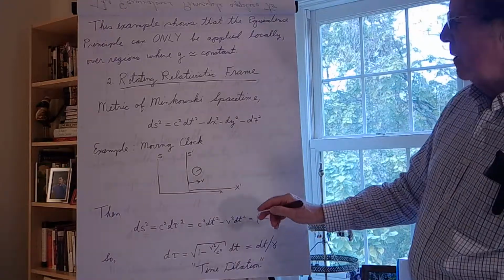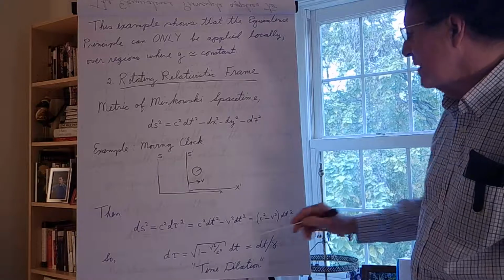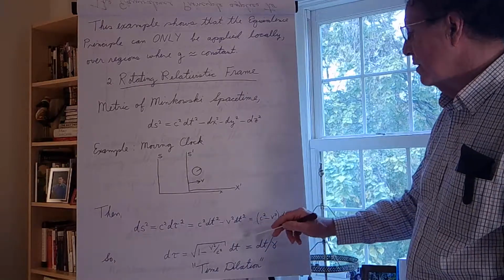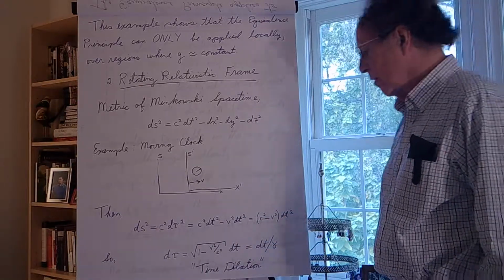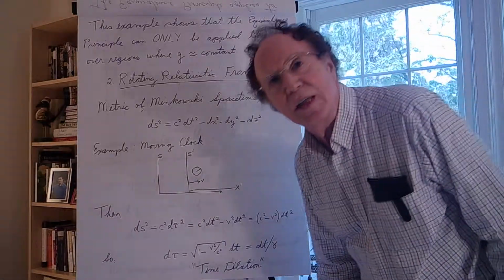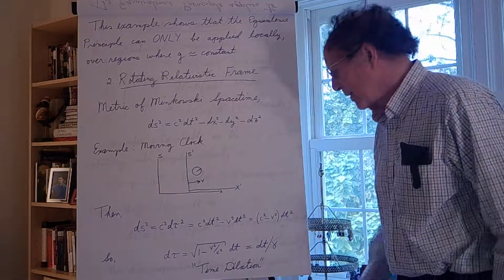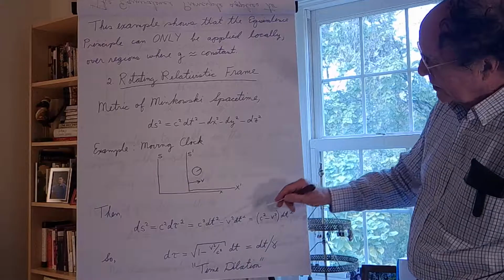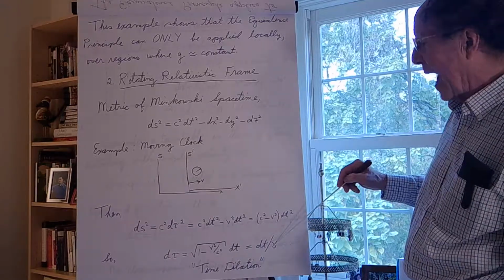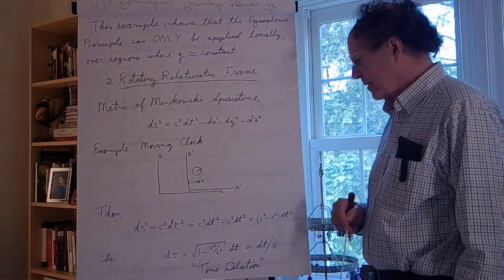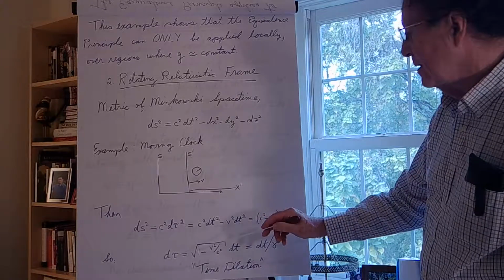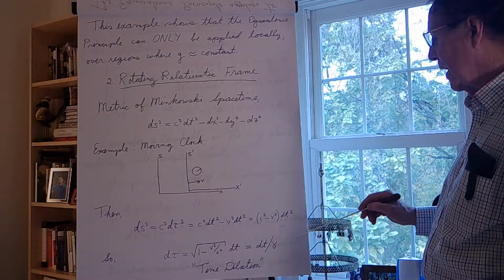Then I can solve for my proper time, divide through by c squared, and get d tau is equal to the square root of 1 minus v squared over c squared, that combination that we know so well from special relativity, times dt. This combination is 1 upon gamma of special relativity fame. And I see that d tau is equal to dt divided by gamma.